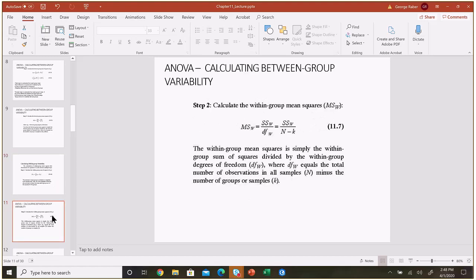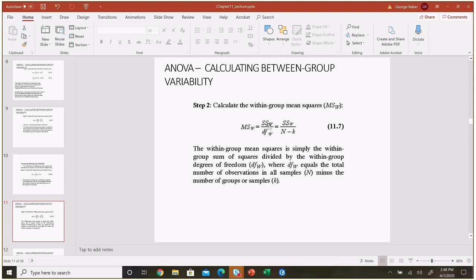Okay, so yeah, that's the denominator. So this is an estimate of the within group variance. The reason that we can't just take any group's variance is because we need an estimate of the overall variance.